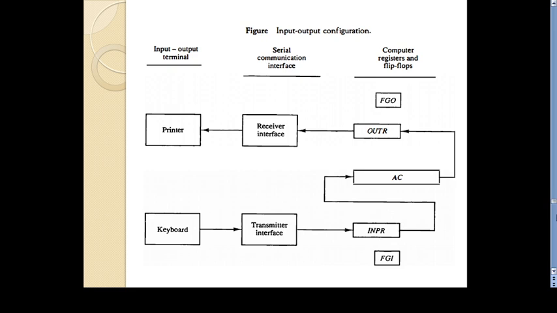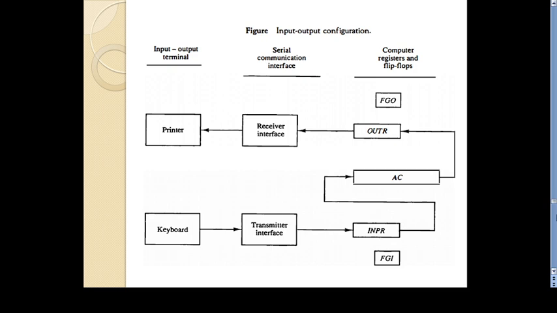As you see in this diagram, the transmitter interface receives serial information from the keyboard and transmits it into INPR, that is the input register. The receiver interface receives information from the output register and sends it to the printer serially.